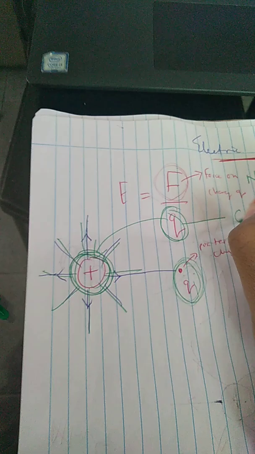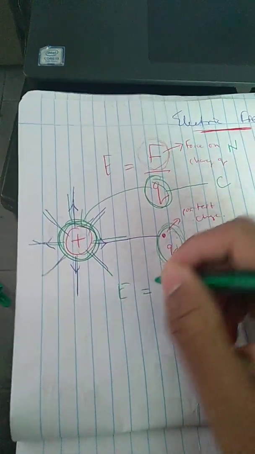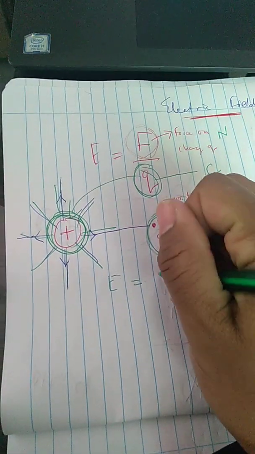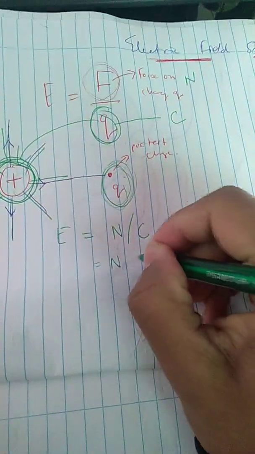That is in newtons, that is in coulombs. Therefore, if you use this formula, the unit for electric field strength is going to be newtons per coulomb.